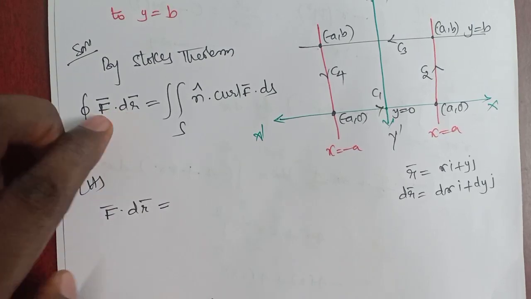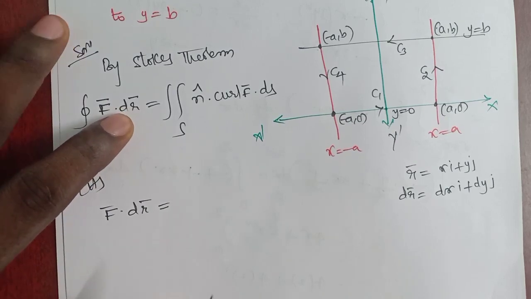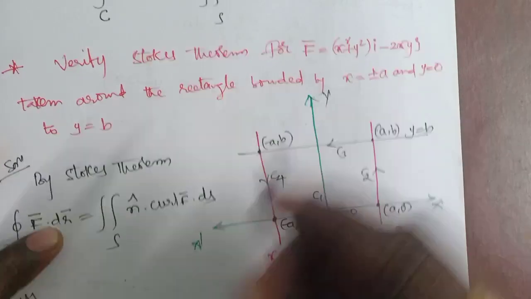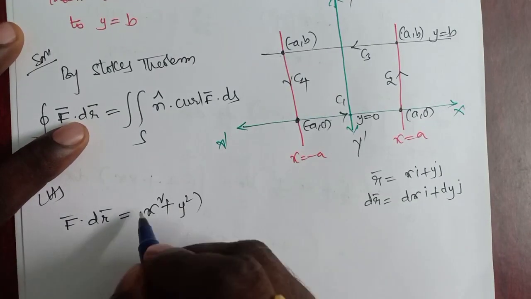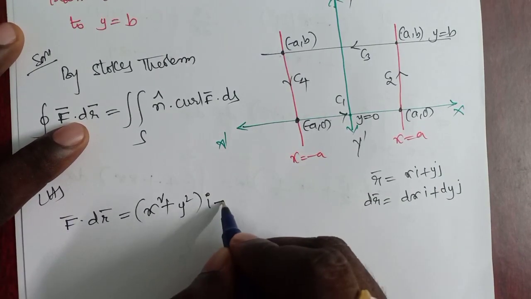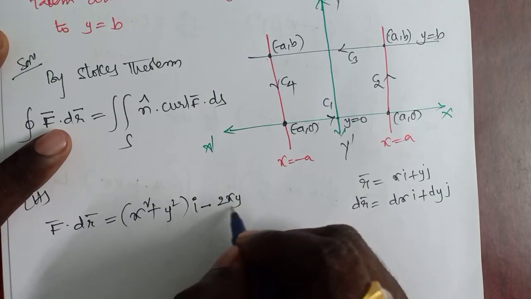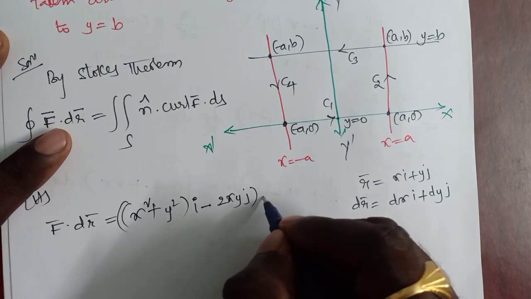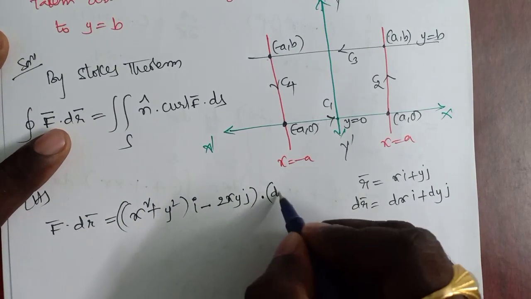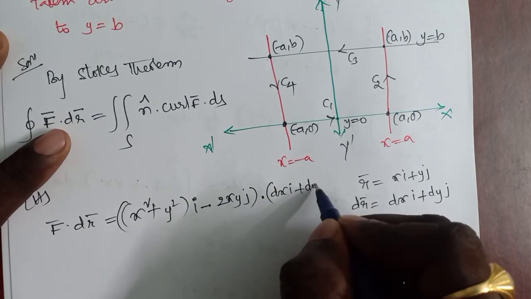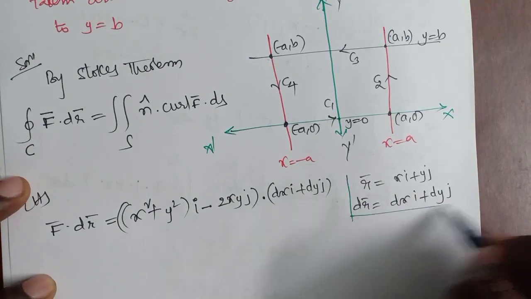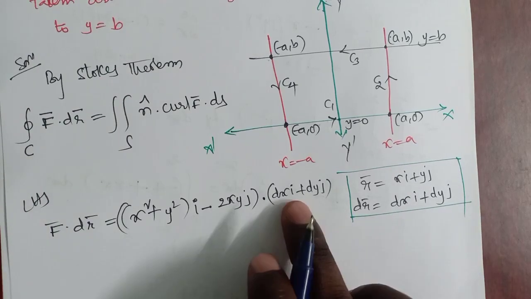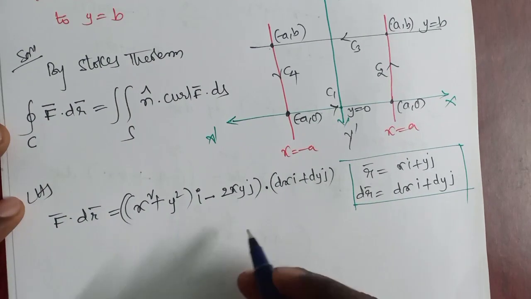So clearly what is given f bar? (x square plus y square) i bar minus 2xy j dot (dx i plus dy j).